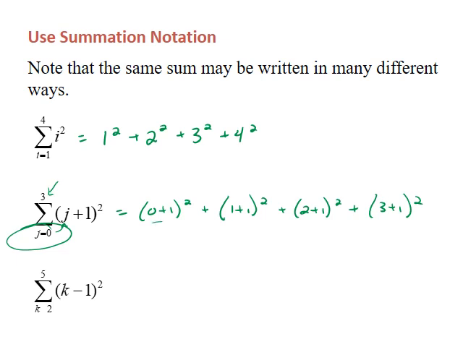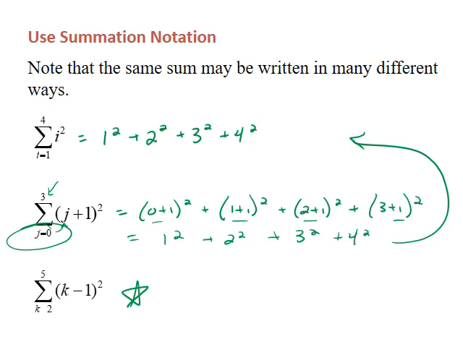And if I simplify each of these, I get 1 squared plus 2 squared plus 3 squared plus 4 squared, just like this example here. And if you do the same exact thing in this one, you will find that it also equals this. So the same sum can be written in different ways. So some of the answers to our questions will have a few different answers.